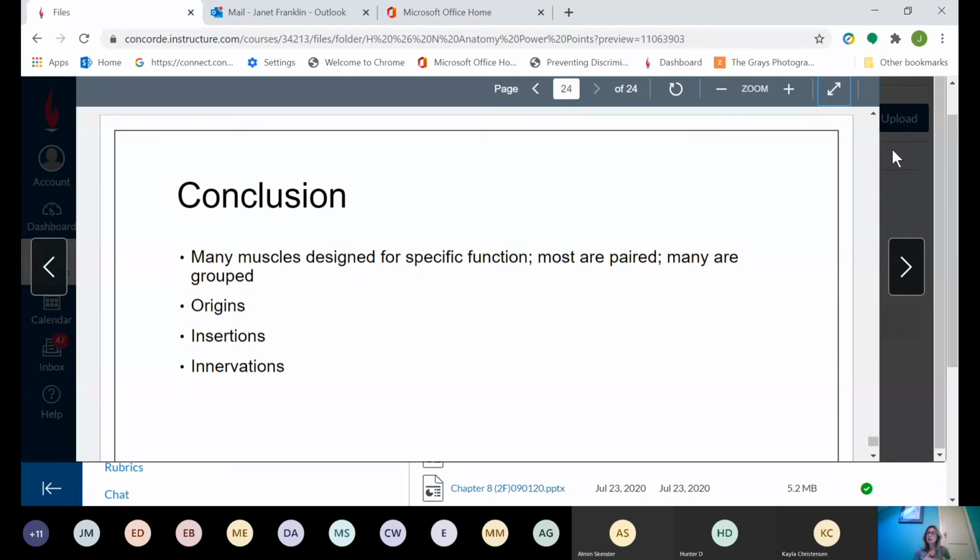The best way to do it is come up with some mnemonics, but also look at their names. If you think that you can figure out where they are or what they do just by looking at their name, don't spend a lot of time making cards and all that kind of stuff for the stuff you already know. Some of you are creating these Quizlets.